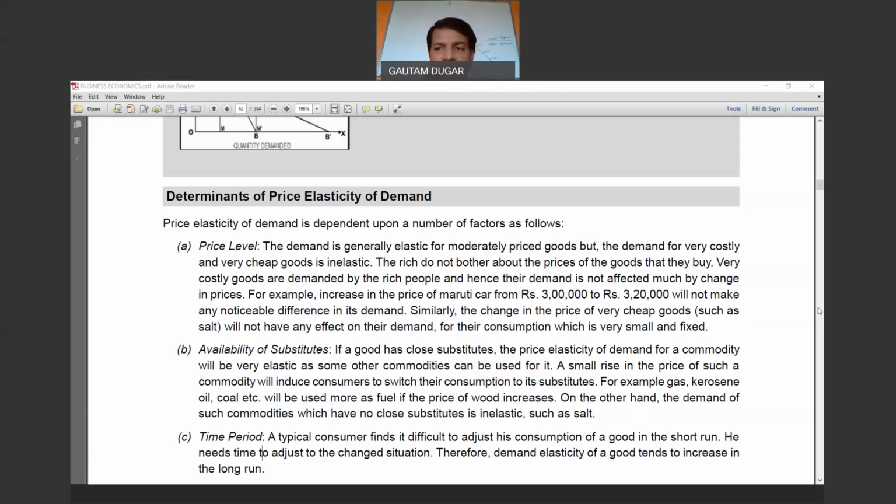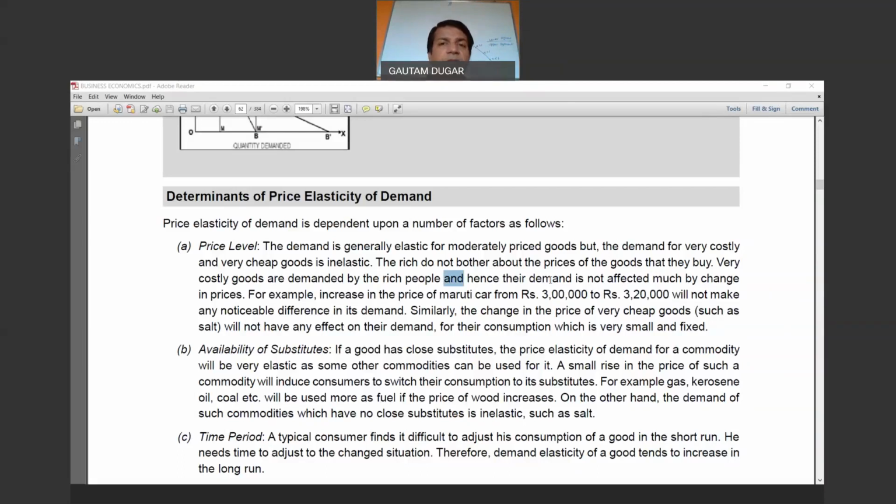Coming to determinants of elasticity of demand, number one is price level. Normally, for very cheap goods, goods for which the price is very low, the demand is normally inelastic. So you just need to know key points. You must be having a study material. Just go on underlining what is important.